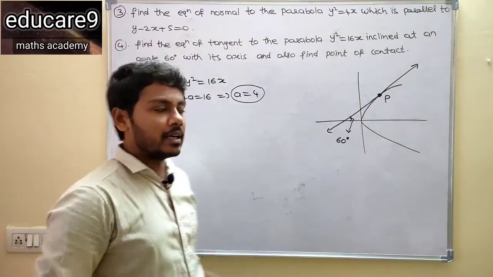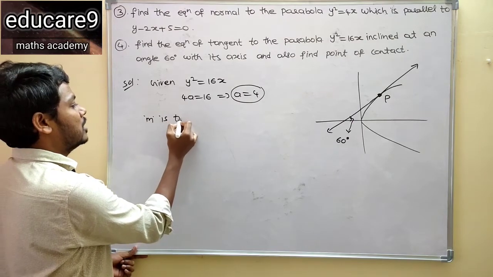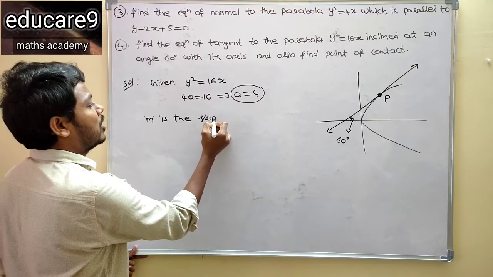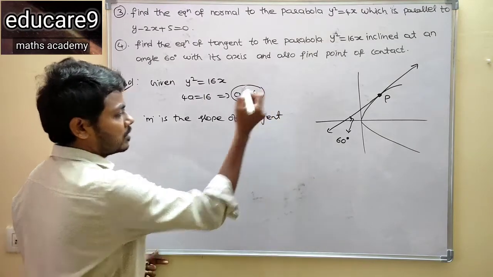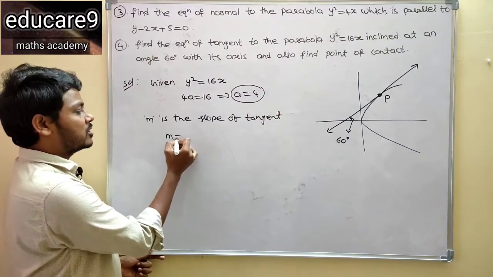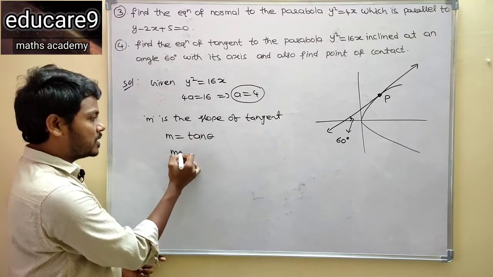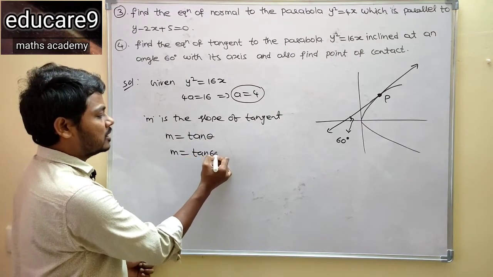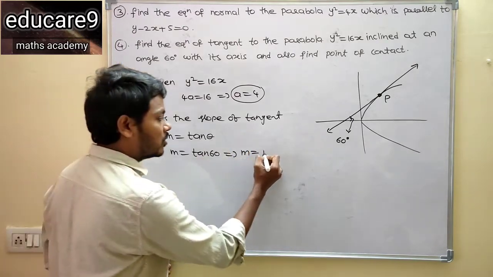The slope of the tangent. So you know that m is equal to how much? tan theta. So m is equal to tan 60. From this, m is equal to the tan 60 value, root 3.